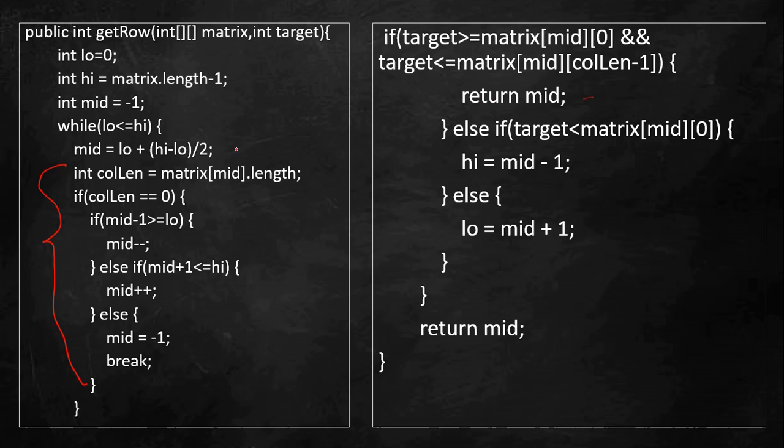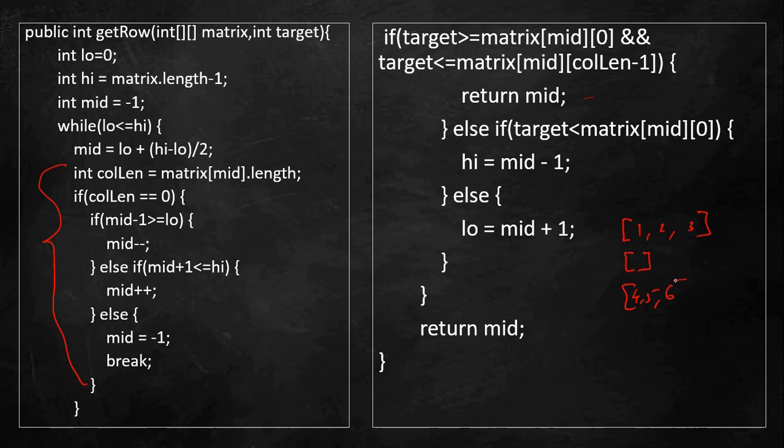Okay, now here, for this example, the case is that all the rows in the matrix are of equal length. But let's say we have a matrix something like this, where we have 1 2 3, my second row is empty, my third row is 4 5 6.